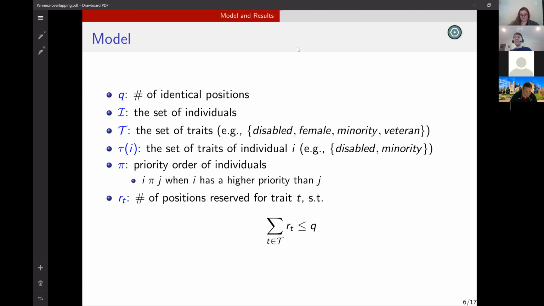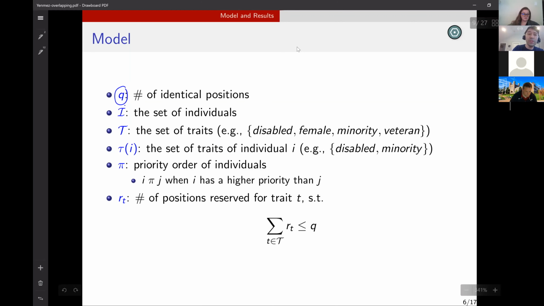Let me now talk about the model. There are going to be some number of identical positions. That number is denoted by Q. There's going to be a set of individuals who are interested in getting a position.